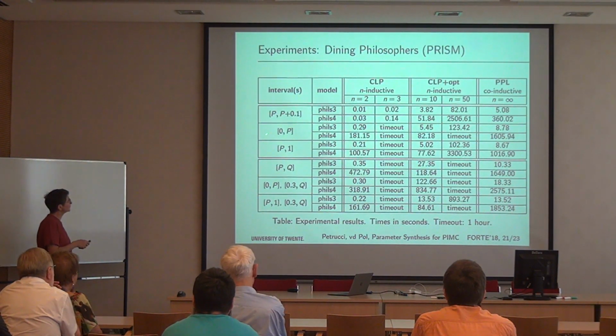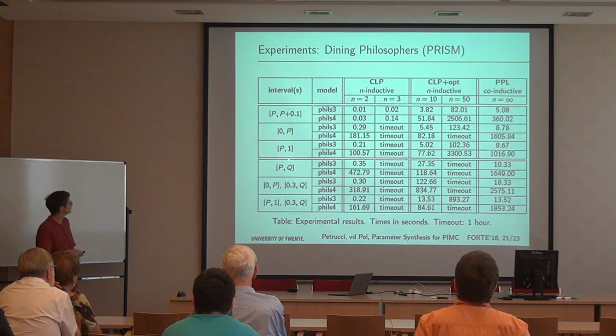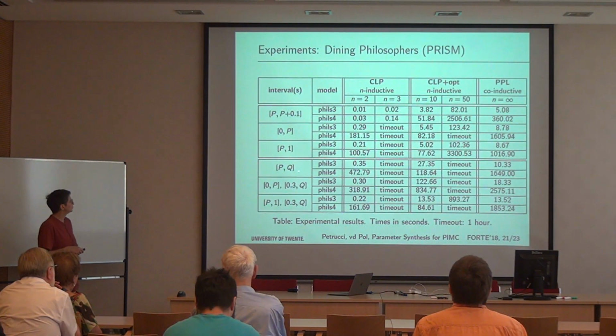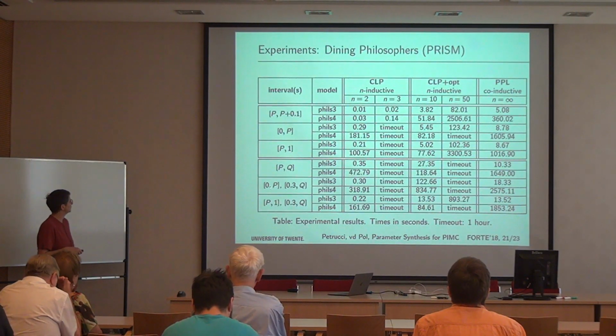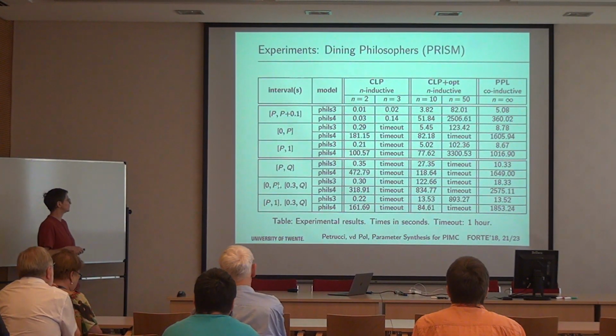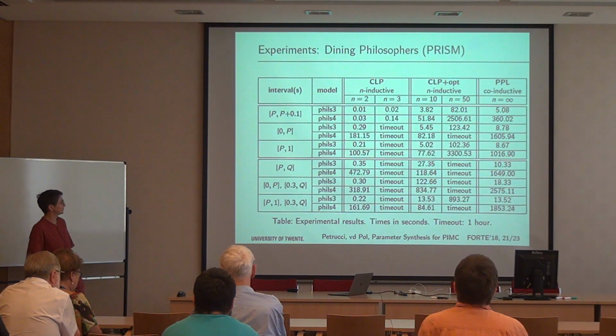We have looked at the probability intervals ranging from 0 to p and from p to 1, and having two parameters from p to q, or from 0 to p and 0.3 to q, and from p to 1 and 0.3 to q.